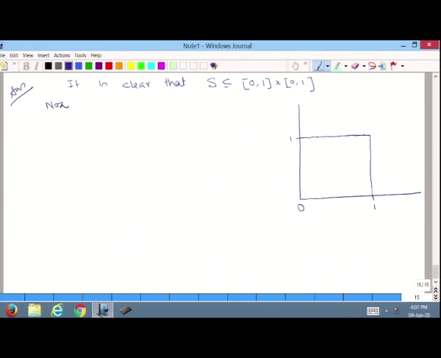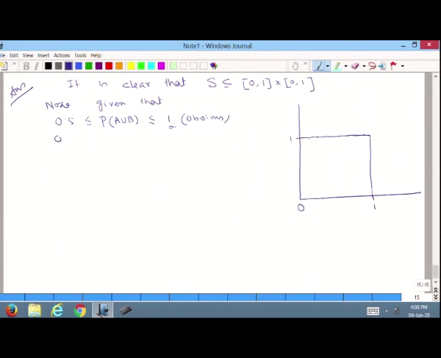Now, given that 0.5 is less than or equal to probability of A union B, which is less than or equal to 1, because this is obvious. All probabilities are less than or equal to 1.